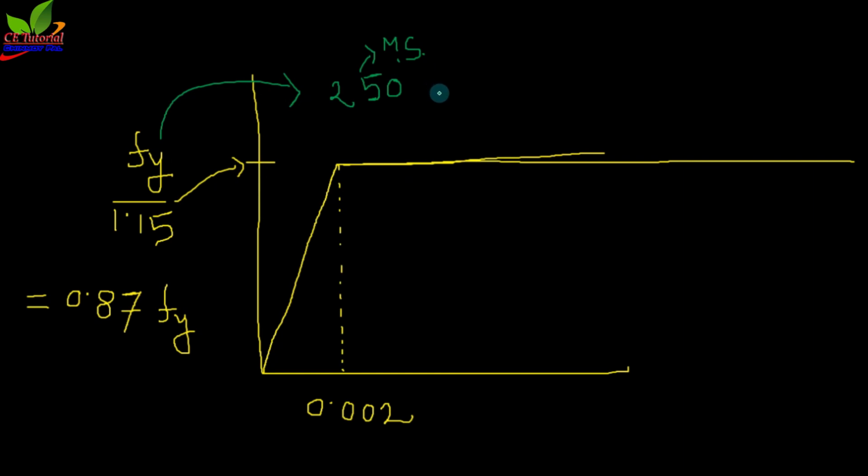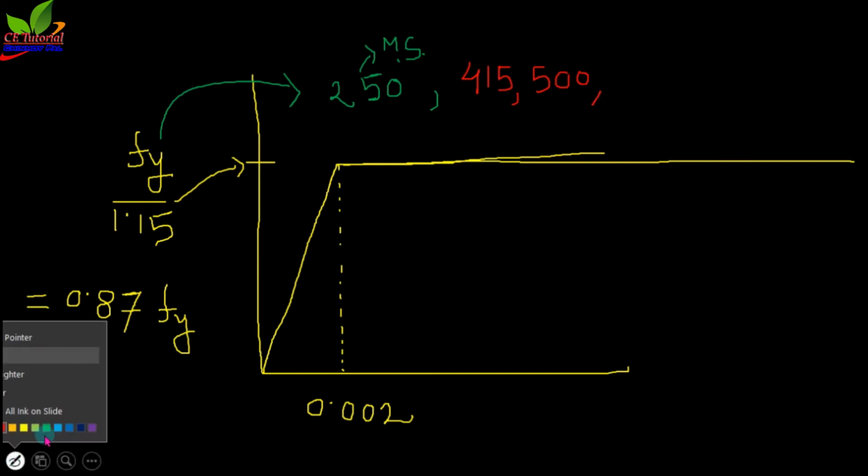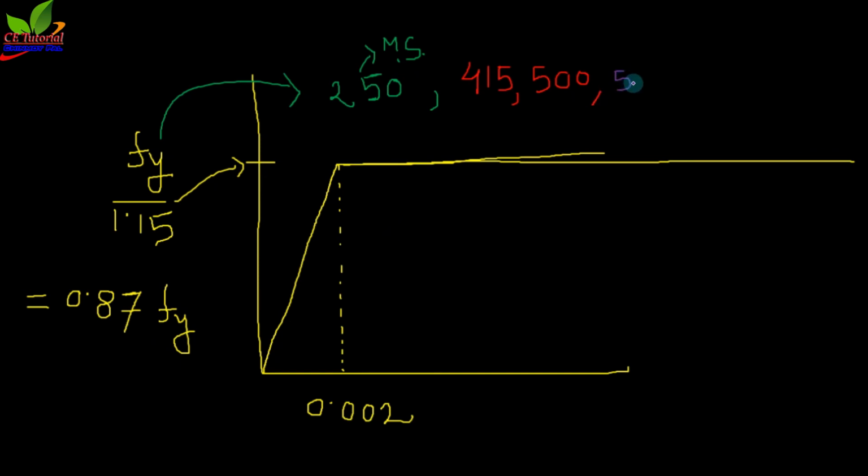Number two is 415, 500. There are other strength values of steel also, like 550, 600, but please keep in mind, all those fall under the HYSD bar.